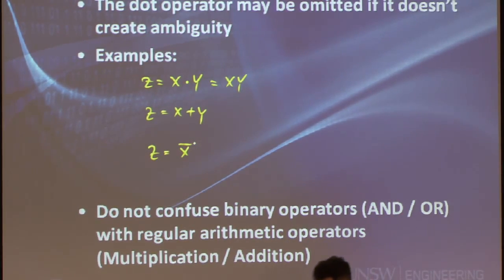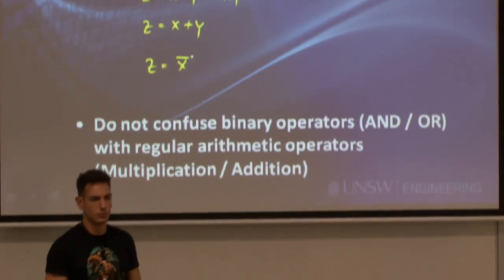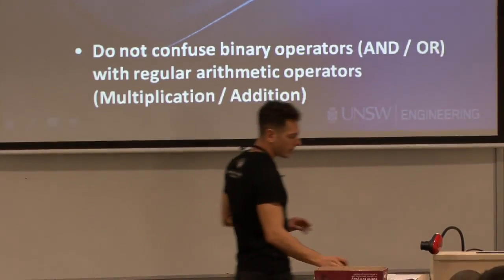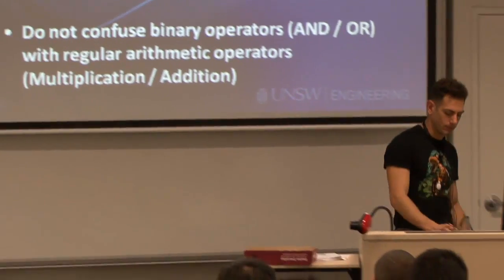But the correct way to pronounce them is x or y, x and y. If you think about it, and you'll see once we actually introduce what they're doing, they are very close to base 10 addition and multiplication in base 2, but they're not quite there. So that's where the symbols come from.